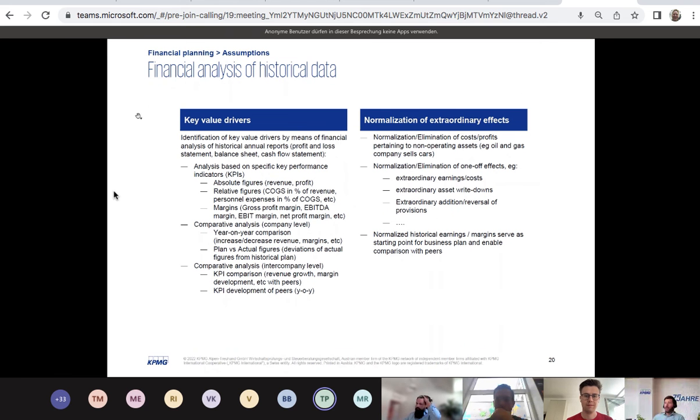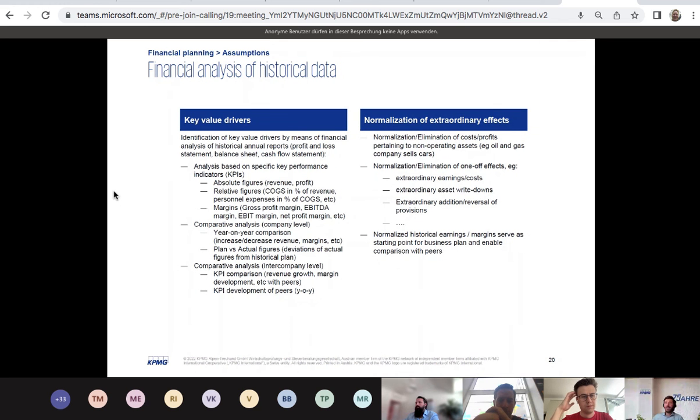Okay, here you will have a more different analysis you could perform. What's important here is that, again, as mentioned before, it's really important to identify the key value drivers of your business.